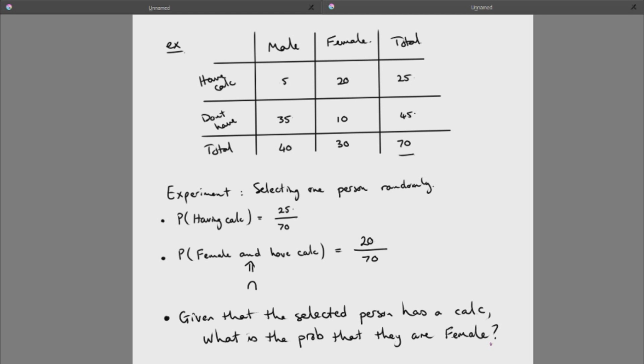That changes my probability question. Because right away, I don't have to look at people, I don't have to consider people that don't have a calculator. It's now a given information, a fact that the selected person has a calculator.